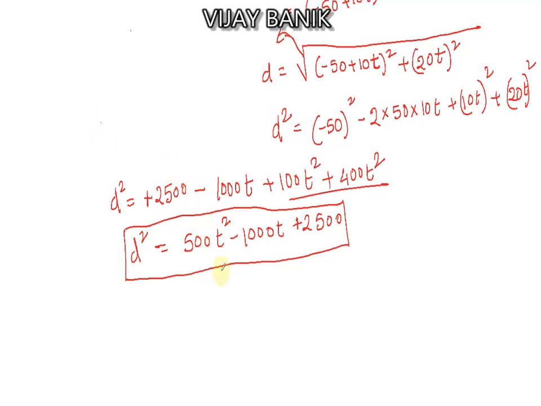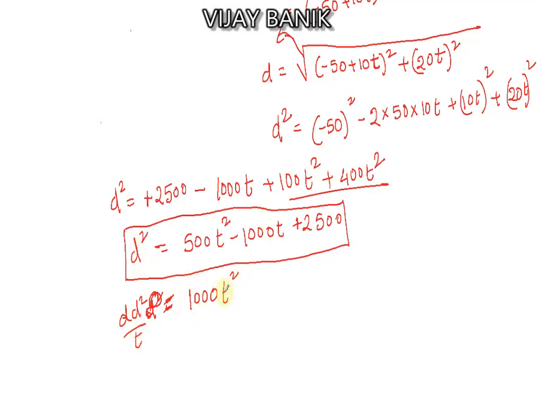So now let's do differentiation over here. Because they said to find the minimum, we differentiate d square with respect to t, like dy by dx.